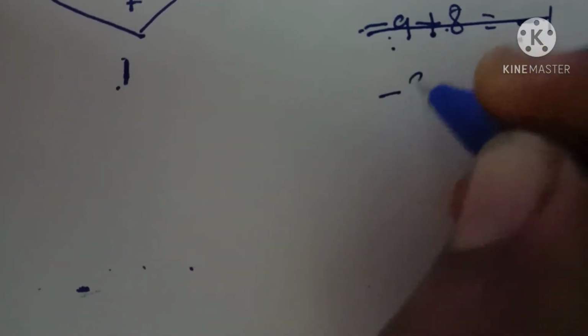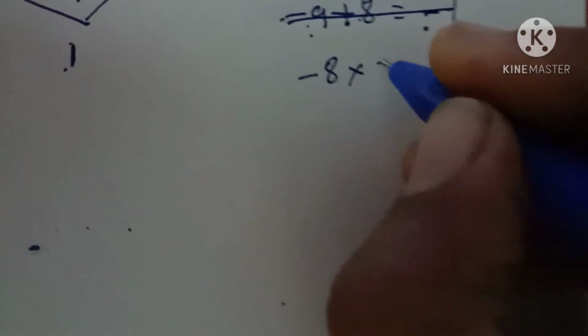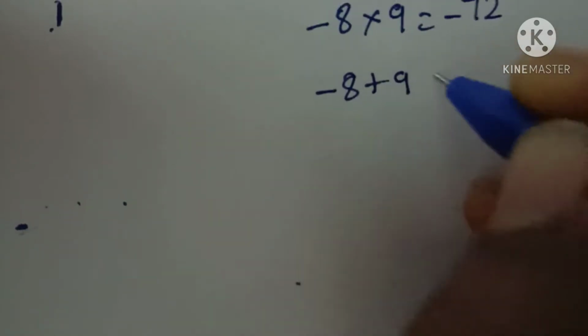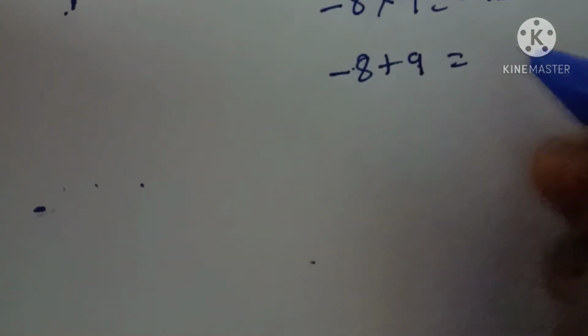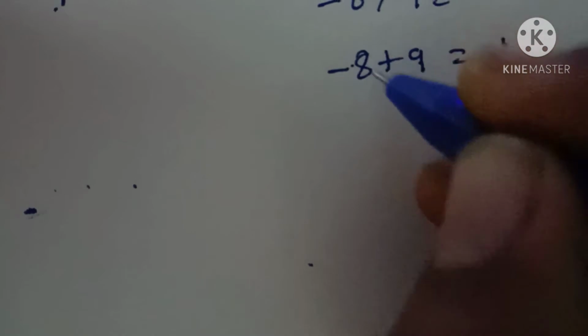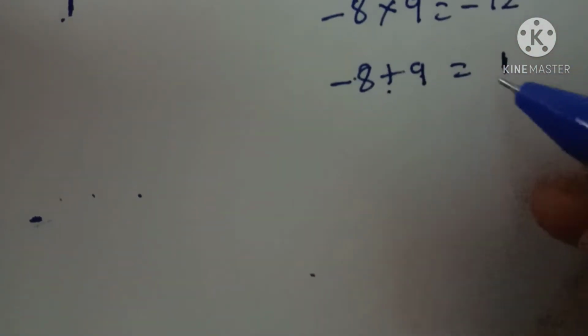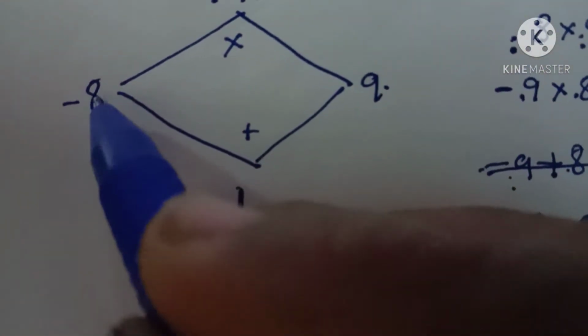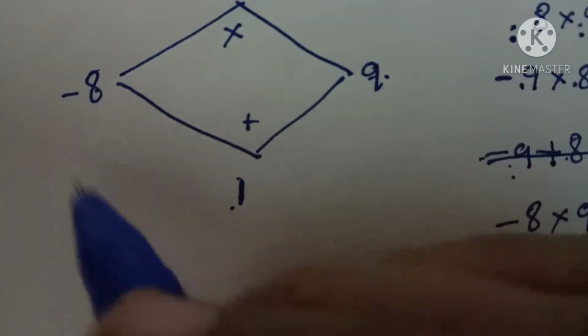So minus 8 into 9 is minus 72. Minus 8 plus 9 is 9 minus 8 is 1 and the greater number sign is plus. Therefore, plus 1. So here minus 8 and 9. 8 into 9 is 72.